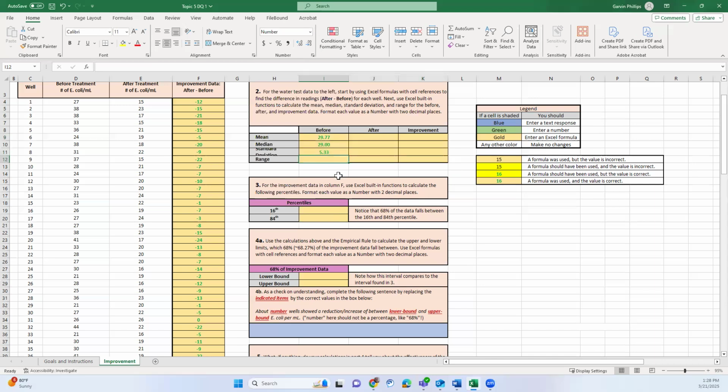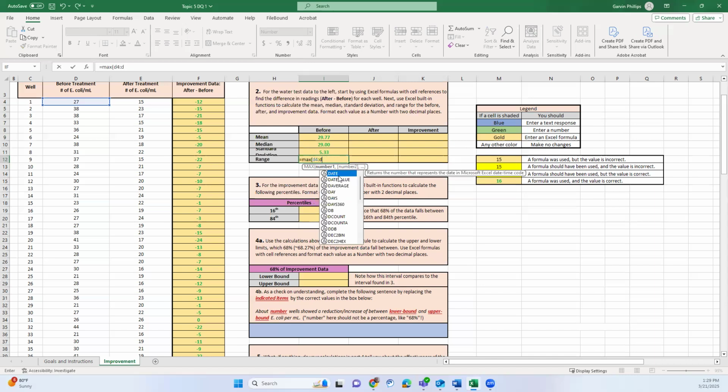And then my range. My range would be whatever the maximum value is in that set minus the minimum value. So I'm going to go ahead and use the max function, parenthesis, D4 colon D120. Oops, I did something I wasn't supposed to, a tilde. D120. And then I close that parenthesis. That's my maximum value.